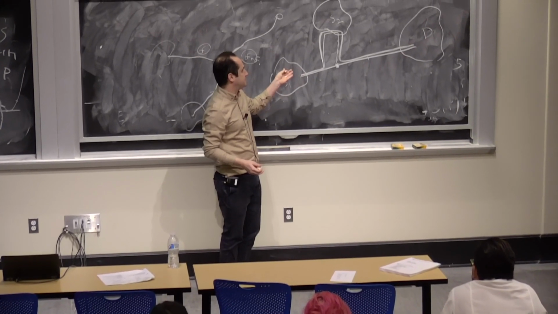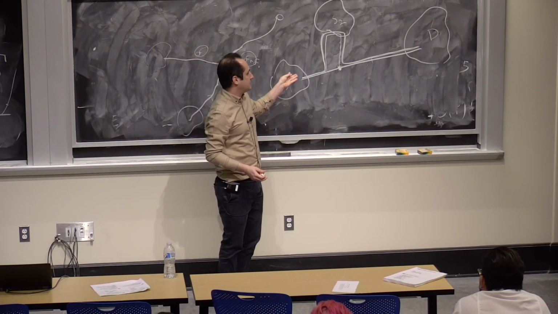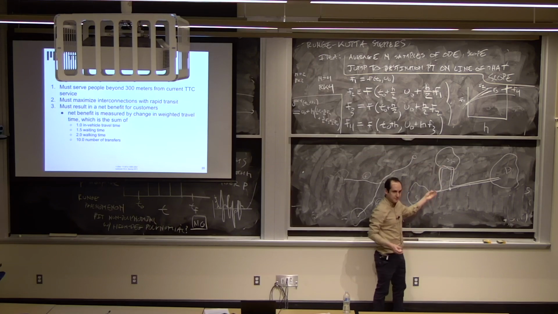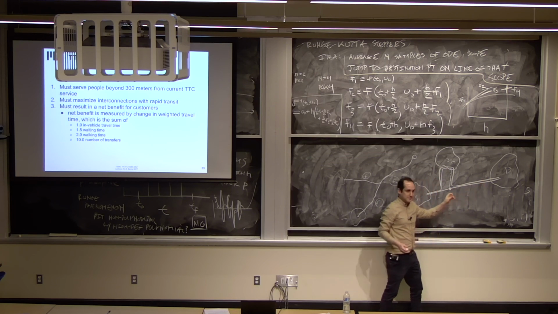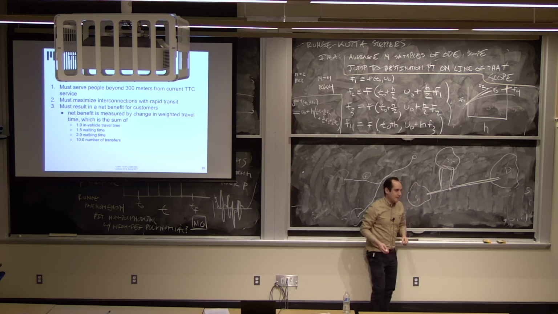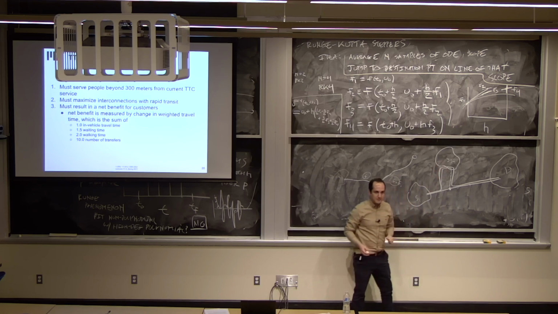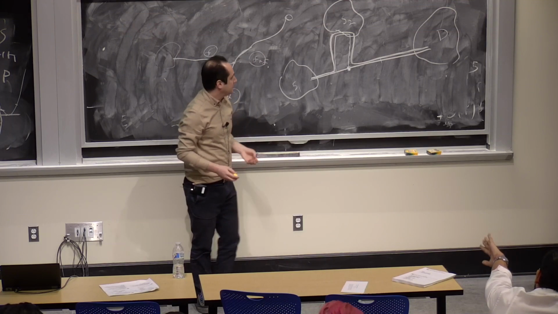Or you can alternatively add additional routes and improve the frequency for other parts of the system, but make sure you're serving the demand on the distant suburb. You have to compensate these guys, right?